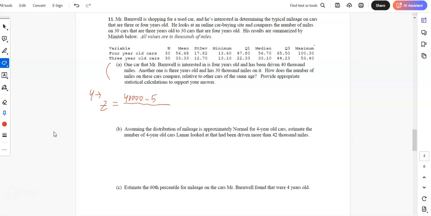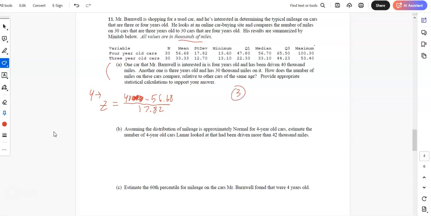So that seems funny. This must be measured in thousands of miles. 40,000 miles. It's 40 there. Because I was like, 40,000 minus 56 doesn't seem right. It helps to read stuff. So 17.82. We'll type that in a second.